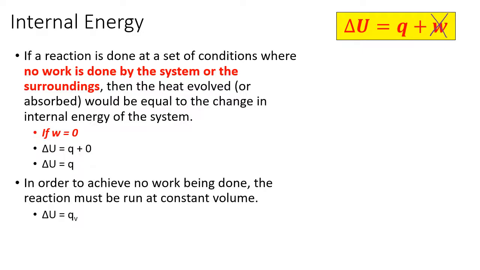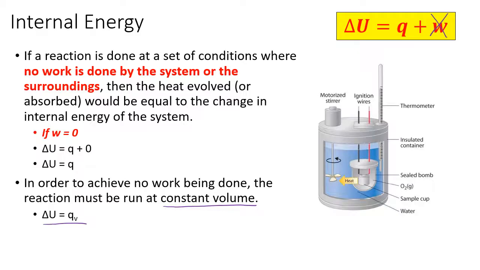In order to achieve no work being done, a reaction could be run at constant volume. Therefore, we can rewrite this equation to say delta U will equal Q sub V, meaning heat at constant volume. The easiest way to run a reaction at constant volume is to complete it inside of a bomb calorimeter.